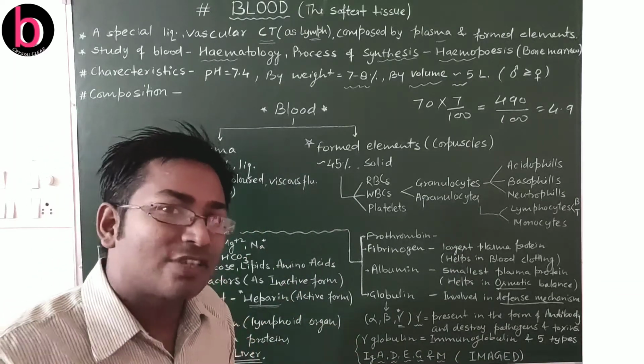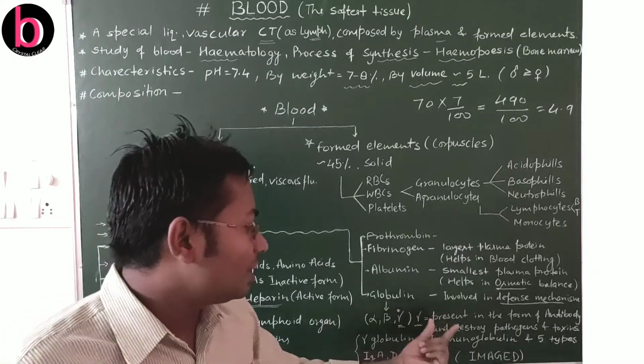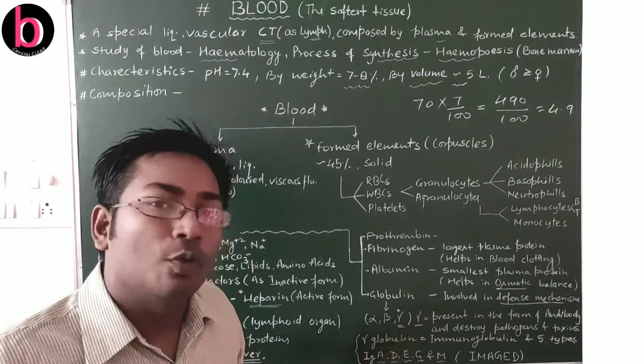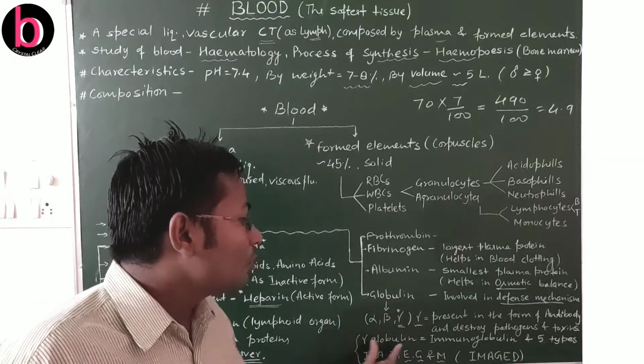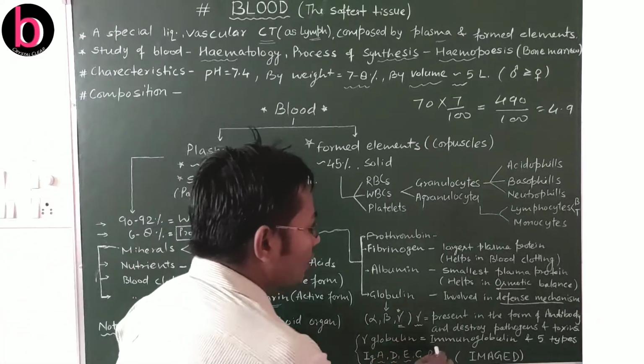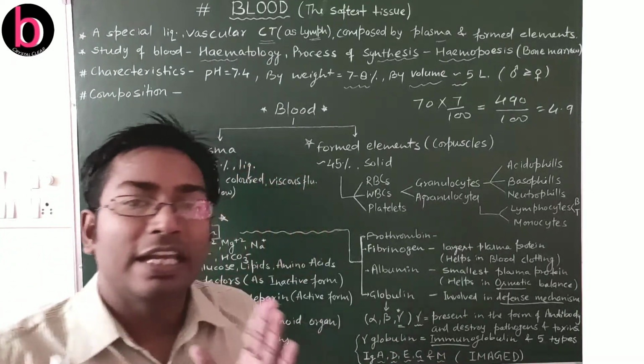Disease causing as well as harmful substances of the body are destroyed by this gamma globulin. Gamma globulin is also known as immunoglobulin. Why? Because it is related with body immunity.